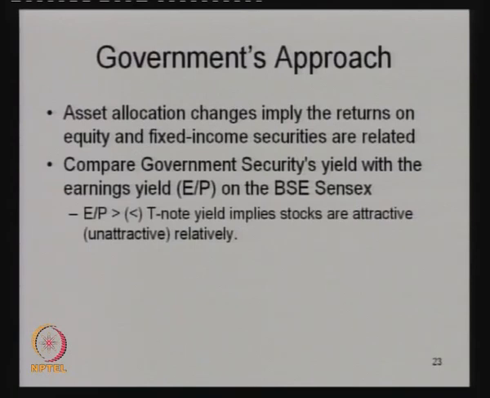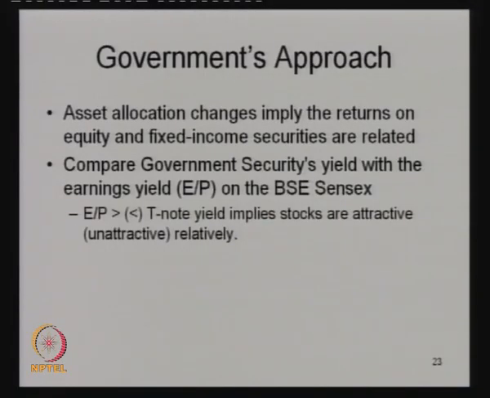Fixed income securities yield will be related to government securities. If it is a government security, the yield will be the same as the government securities yield. If the fixed income security is a corporate bond, it is going to be a little more than the government securities yield, because corporate bonds are a little riskier.